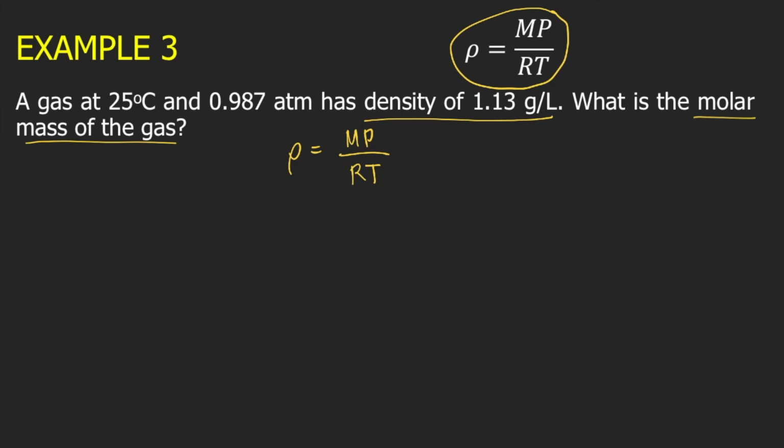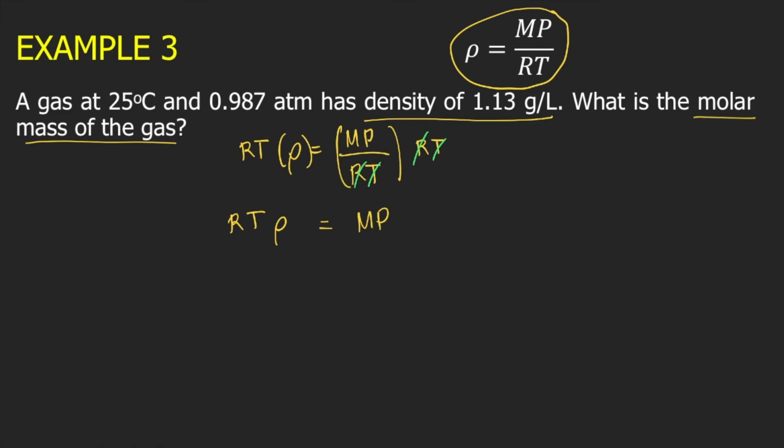So what you can do is you can multiply both sides of the equation by RT. So if you do that, RT will cancel on the right side. So what is left on the right side is MP. And on the left side, you have RT times density.